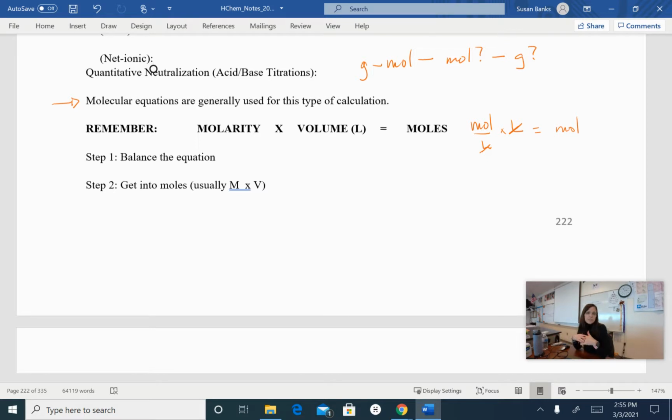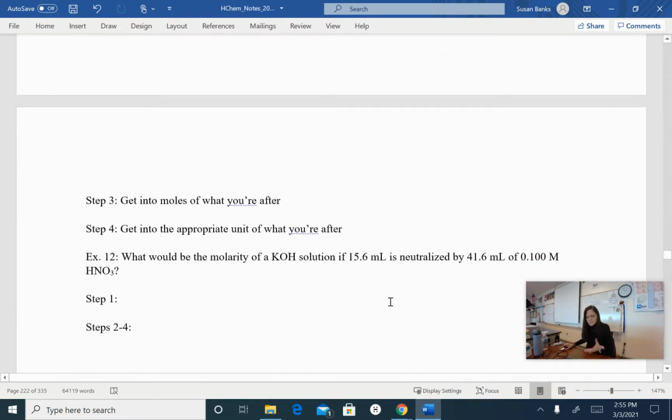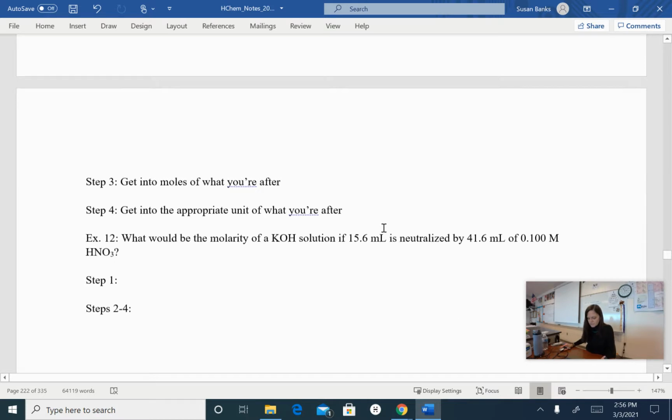Then we don't necessarily go back to grams. Sometimes we do, but sometimes we will go into liters or volume, or maybe even calculate the molarity of what we want. So it's the same process as stoichiometry, but we're using the units a little bit differently here.